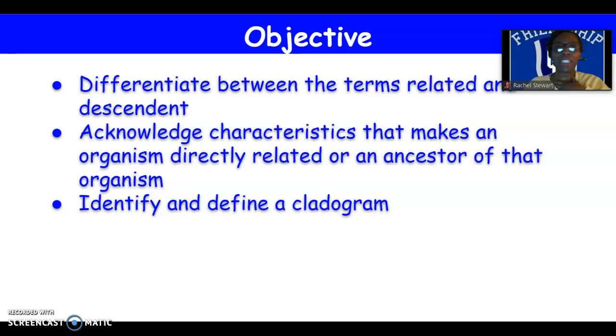We're going to acknowledge characteristics that make an organism directly related or an ancestor of that organism. And when we move further into the lesson, we're going to identify and define what a cladogram is. Don't worry about it. We are not going to discuss the terms today, but that's what we're moving forward to do.